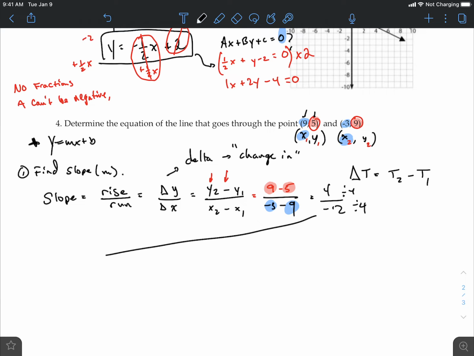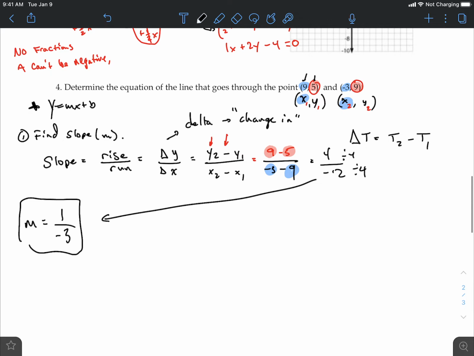Okay? And so we can go m. m is equal to 4 divided by 4 is going to be 1, and -12 divided by 4 is going to be -3. Okay. At this point, if nobody has any questions, I'll let you stare at that for a second, get copied down.